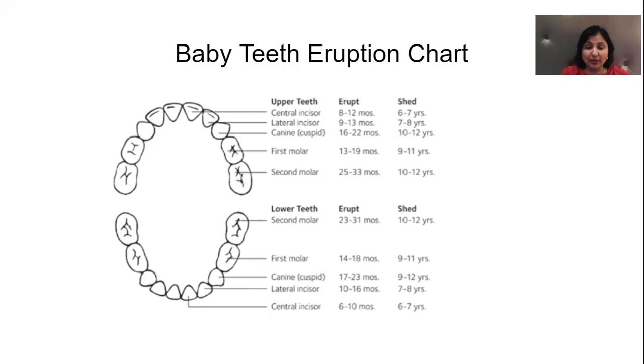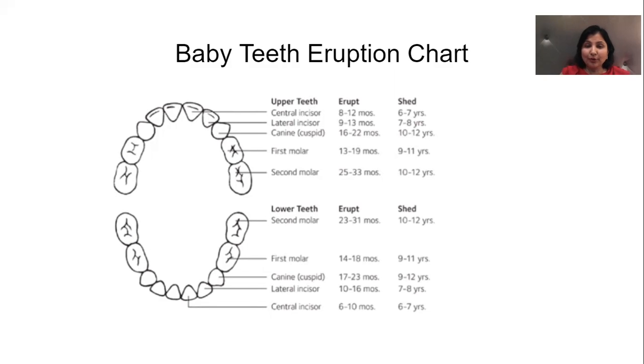He's 7 years old. Now, check what's going on with the second molar right here. It says it sheds at an age of 10 to 12 years, right? And so the permanent tooth basically is not going to come.